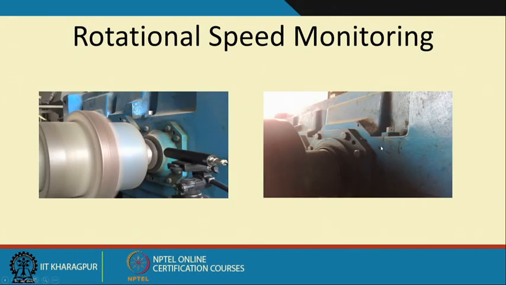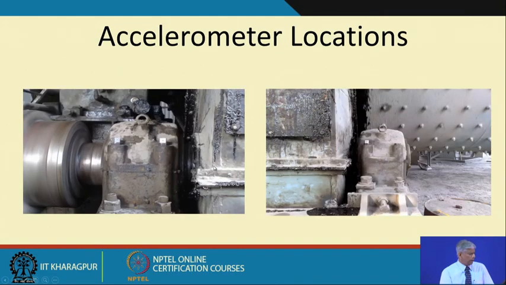When I talked about vibration based measurements, in the next class we will be talking about rotational speed measurements, but we will discuss more of this in detail later on. This is just an industrial system where optical tachometers are being used for measuring the speed. In industry, many times people will not allow you to put a tap onto their surface.